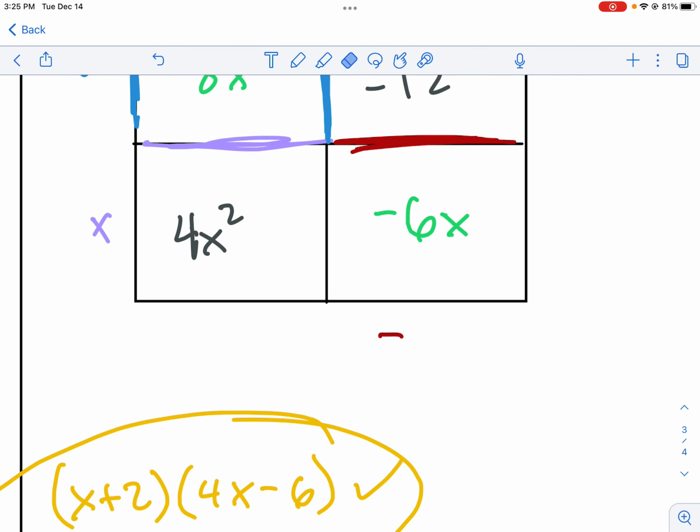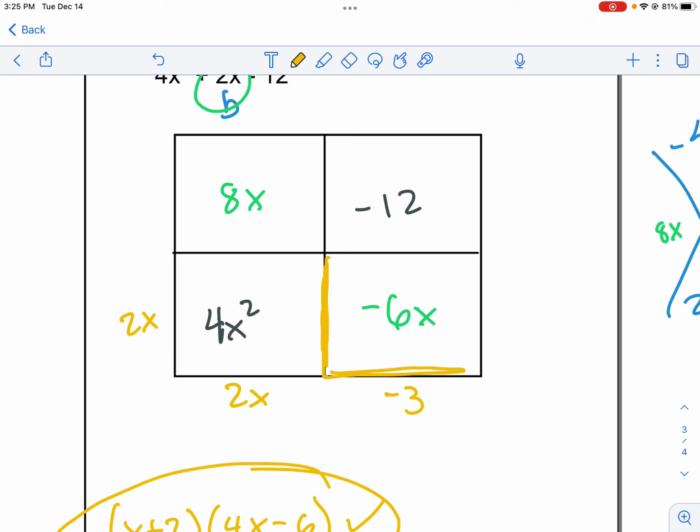So if I erase my scratch work here, another option, instead of making this 4x squared, 4 and 1, let's make it a 2x and a 2x, because that would still work. This being a 2x would force this bottom part to be a negative 3. 2x times minus 3 is equal to negative 6.